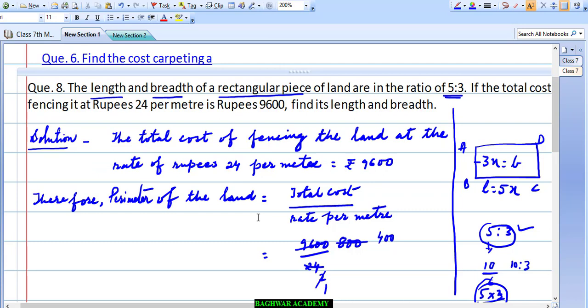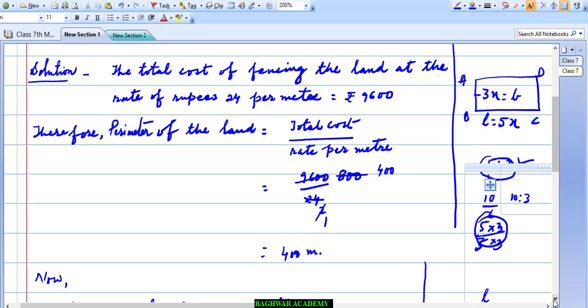Therefore, what will be the perimeter of the land? It means what length is being fenced, because 9600 is the cost at the rate given. So simply you need to divide the total cost by the rate per meter. So this is 9600 divided by 24.